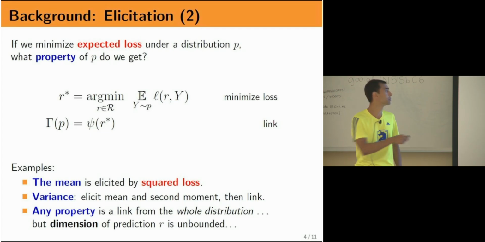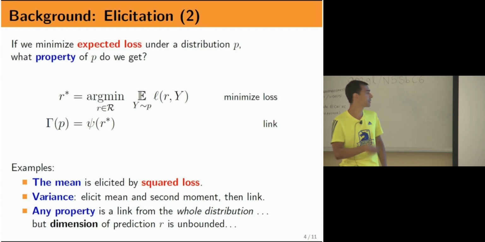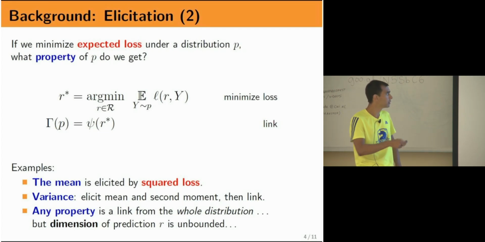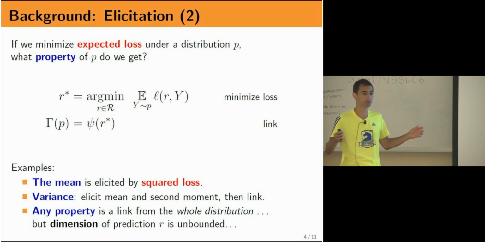So you actually need multiple parameters. You need R to be at least 2 dimensions. For example, you can have R be the mean and second moment, and your link function can compute the variance for you. In general, you can always have R be the complete distribution.